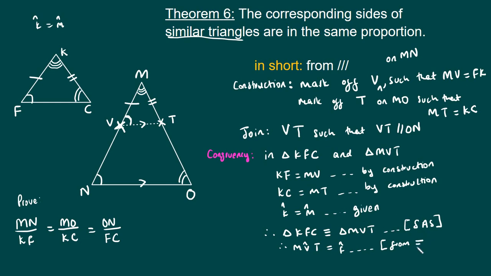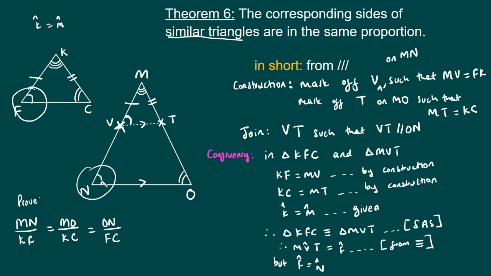Now I'm writing the wrong symbol. From congruency, use three lines. Okay, that is from congruency. Right. But if this angle and that are equal, you tell them, but angle F is equal to angle N, isn't it? Remember, we already said angle F was equal to angle N, right?